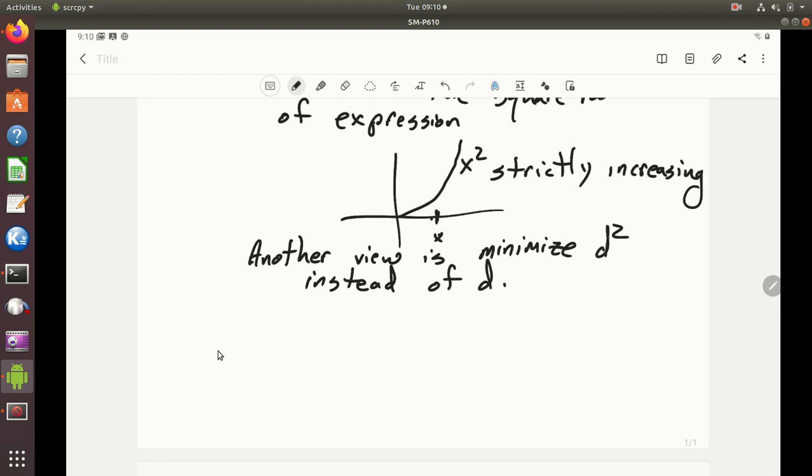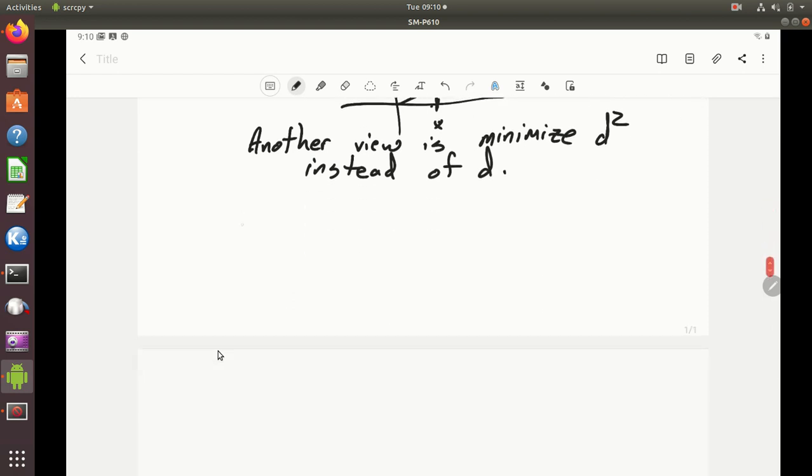Okay, and either one gets us to the idea that what we want to minimize is x1 minus x2 squared plus y1 minus y2 squared. And so it just makes our calculation easier.